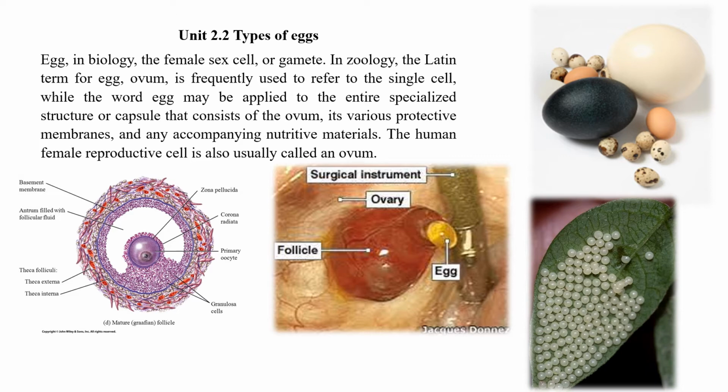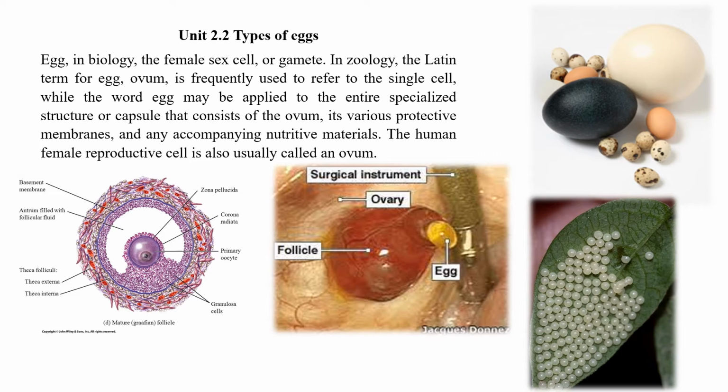That is frequently used to refer to the single cell, while the word egg may be applied to the entire specialized structure or capsule that consists of the ovum, its various protective membranes, and any accompanying nutritive materials such as the albumen or yolk. The human female reproductive cell is also usually called an ovum.